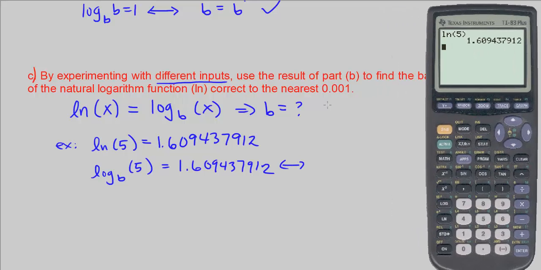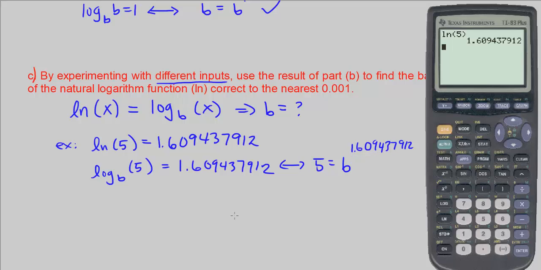It has an equivalent exponential form, which is 5 equals b to the power of 1.609437912, right? So we have b to this power is equal to 5.